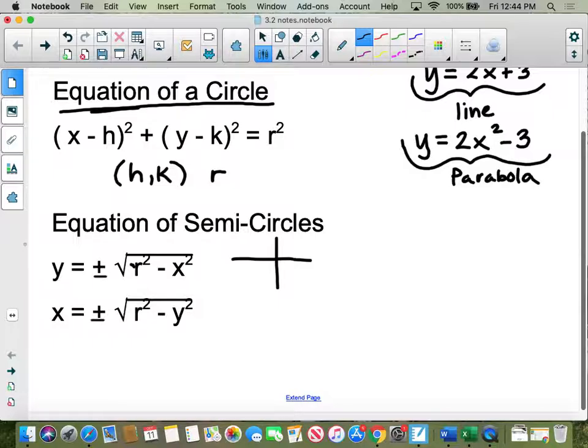Look at these 2. Do you notice that when y equals plus or minus the square root of r squared minus x squared, it makes this type of a semicircle if it's a positive? If it's a negative, it makes the bottom part of this circle. Plus or minus together makes a full circle. I try to not connect them just to show you that we're making semicircles, but 2 semicircles make a complete circle.